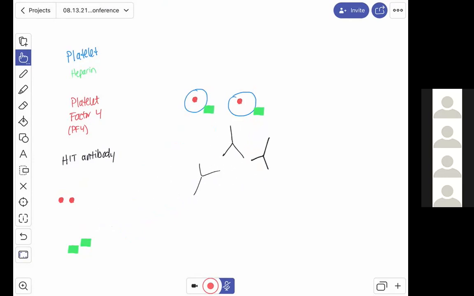What happens is that the platelet becomes activated, and this is a very basic version, but platelet factor 4 comes to the surface. Once that is exposed, these antibodies can bind, and they preferentially bind platelet factor 4 and heparin.